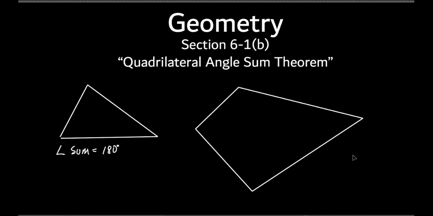It's not a rectangle or square. It's just some basic everyday four-sided figure. None of the sides are parallel to each other. Right? So it's just a regular quadrilateral, just to show you that this works with any quadrilateral. It doesn't have to be a specific type, like a parallelogram or a rectangle or a square or anything like that.